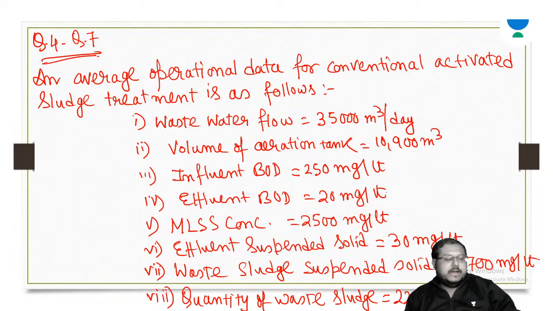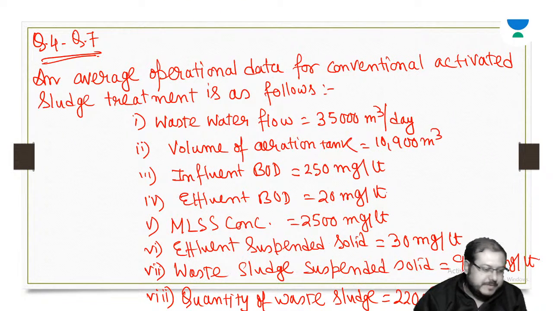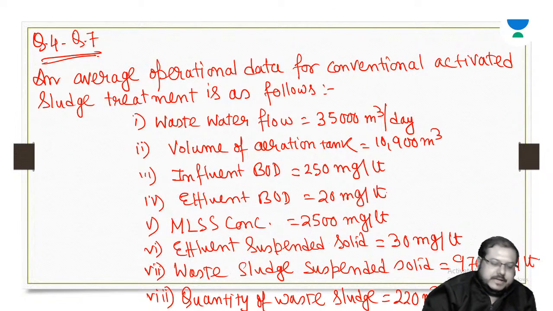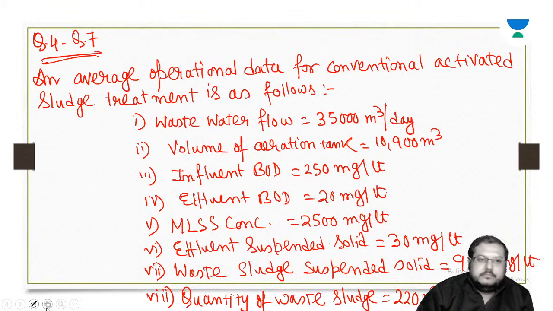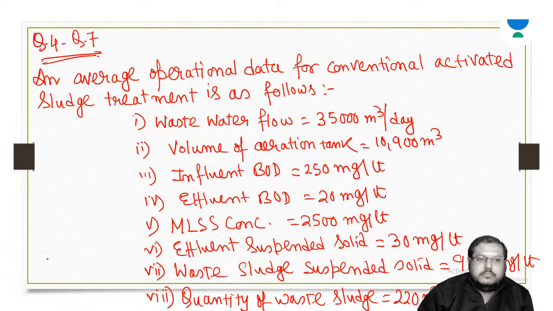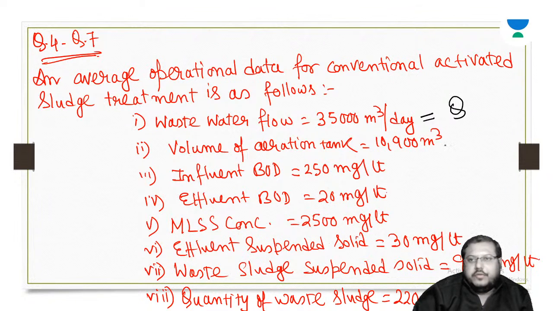Your first job is to identify the parameters mentioned here. Wastewater flow rate means what? It's Q only. Volume of aeration tank is V. Influent BOD concentration, it's Yi. Effluent BOD concentration, it's Ye.